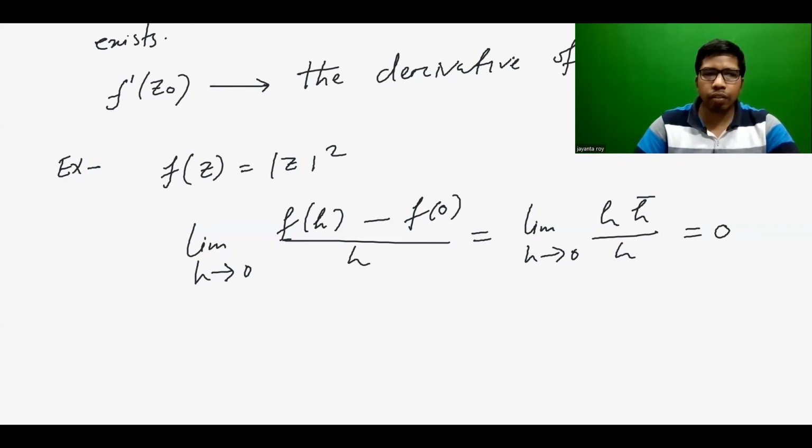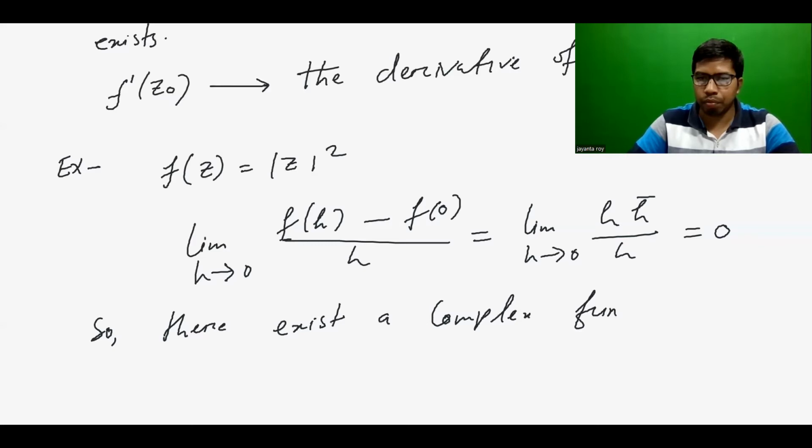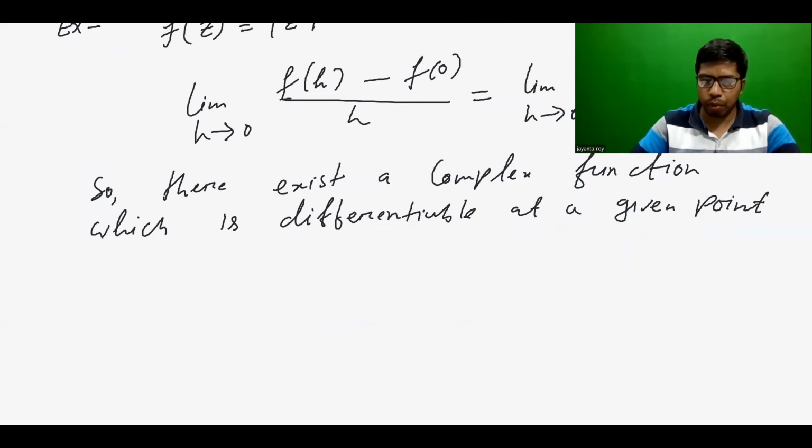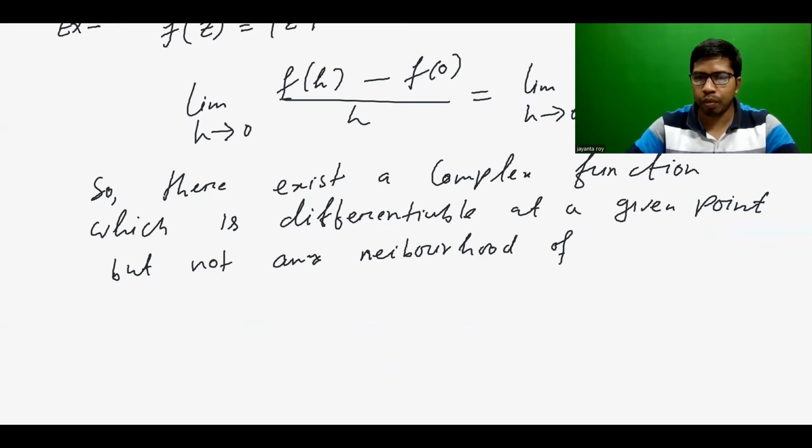So there exists a complex function which is differentiable at a given point but not in any neighborhood of that point.